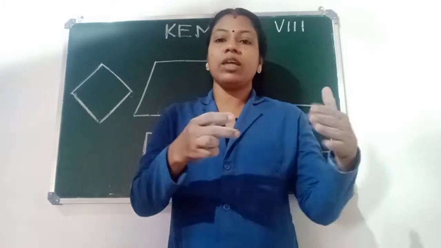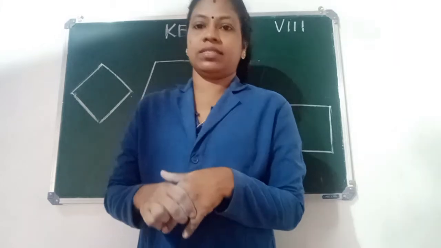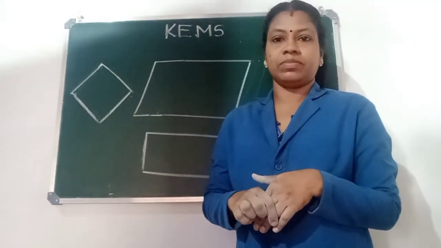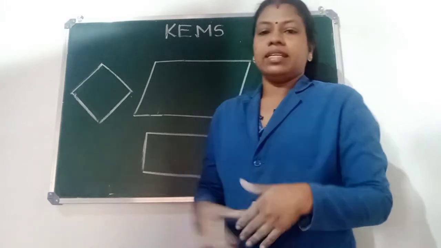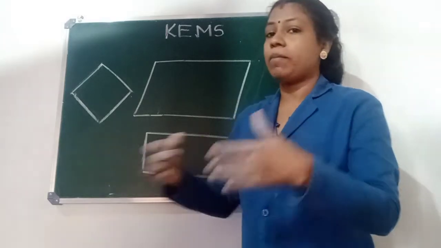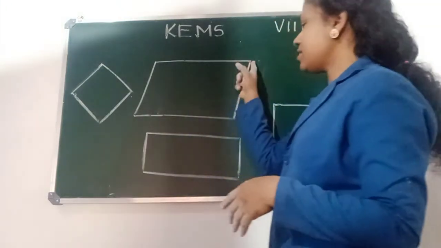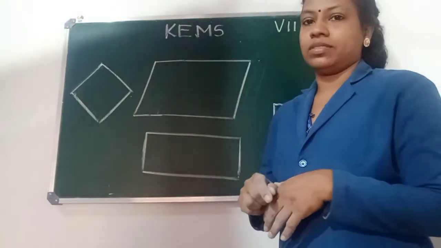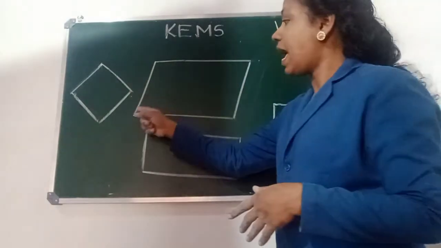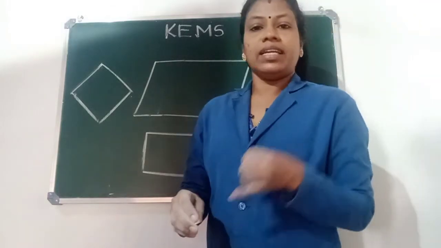Then the second property: the opposite angles of a parallelogram are of equal measure. So in a parallelogram, opposite sides are equal and opposite angles are equal. Clear?